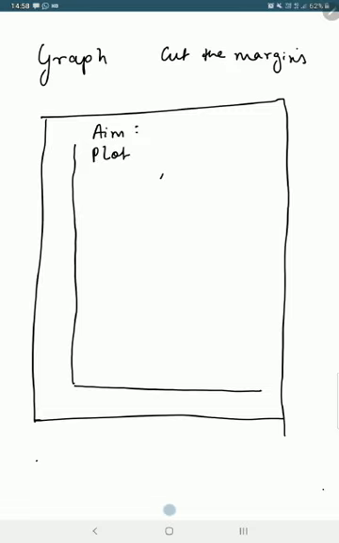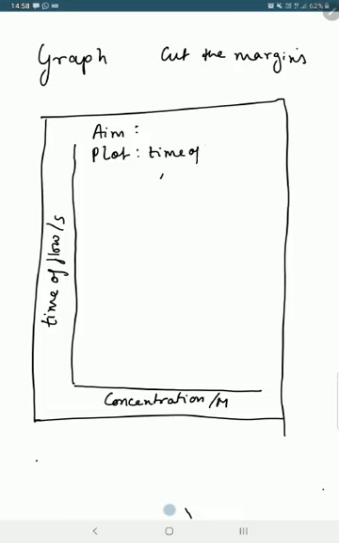Let's say we are talking about the recent experiment, then you will plot a graph of time of flow versus concentration in molarity, or concentration divided by M. So the plot will be written as time of flow by second versus concentration.